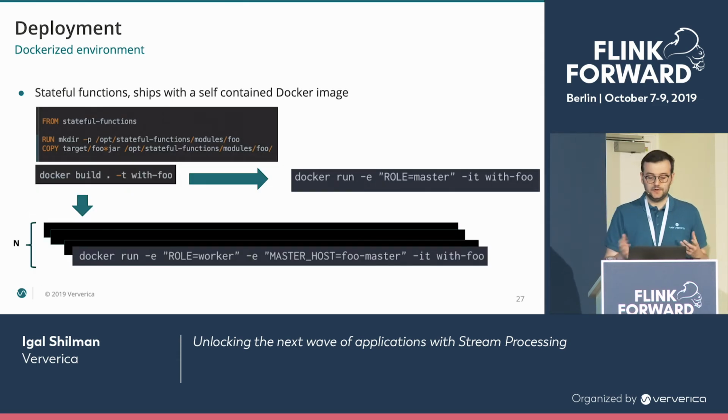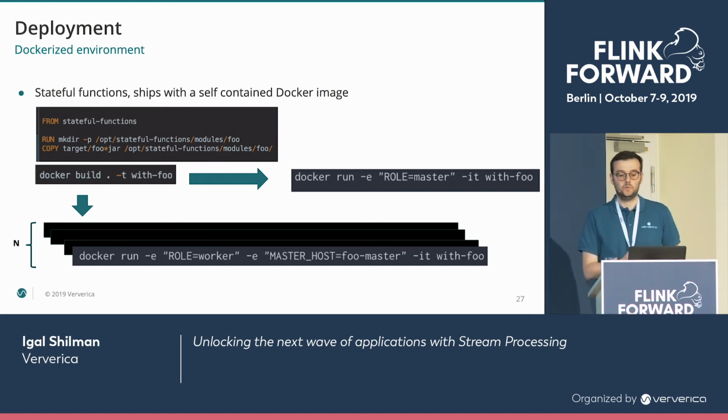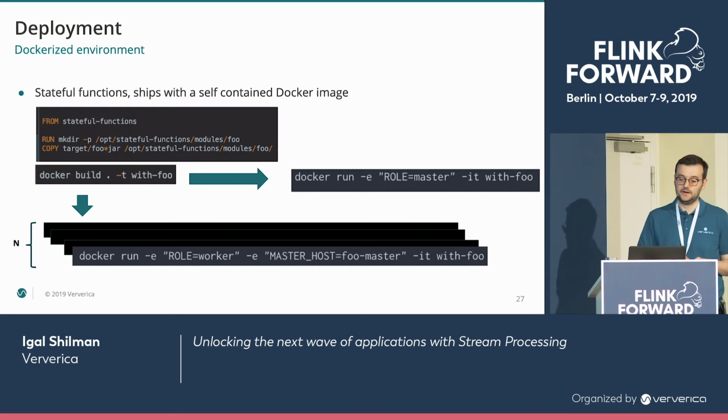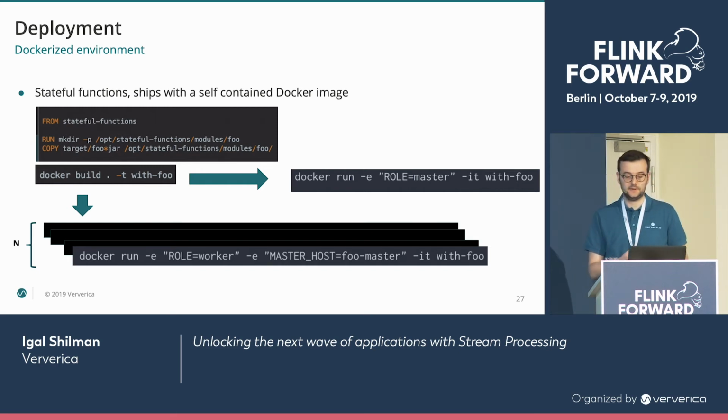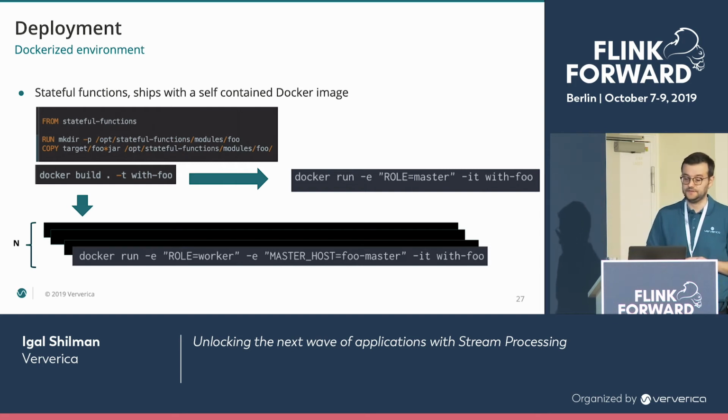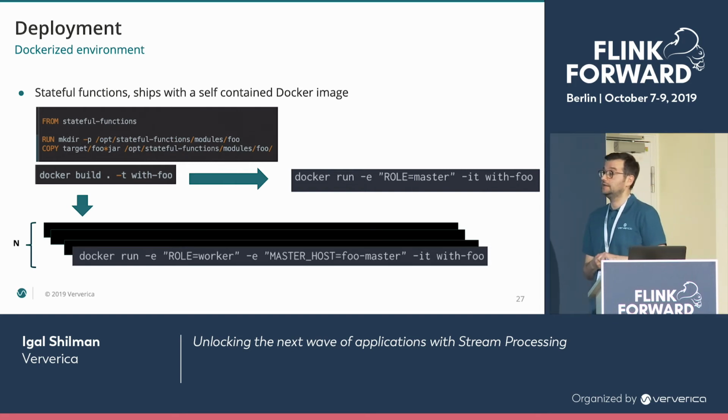And so how do you deploy that? There are at least two ways. One is in the Dockerized environment, where this project also comes with a stateful function Docker image that already includes Flink and is configured.